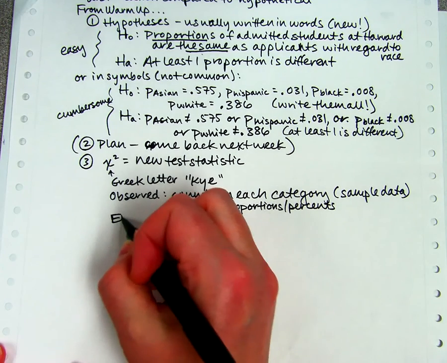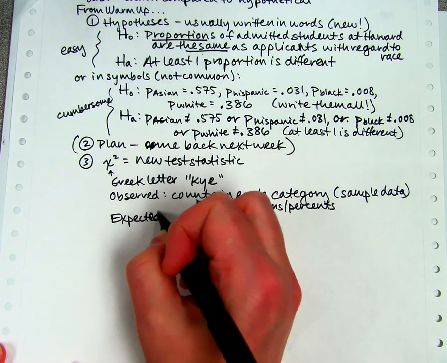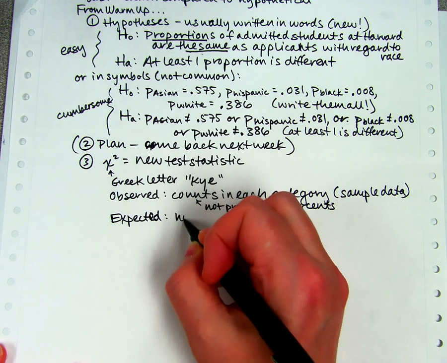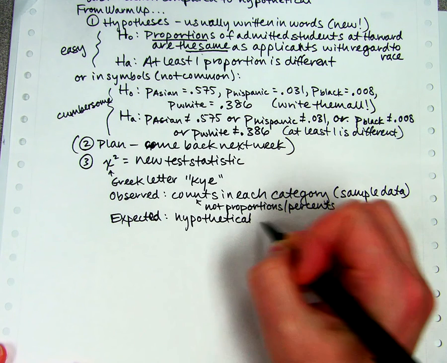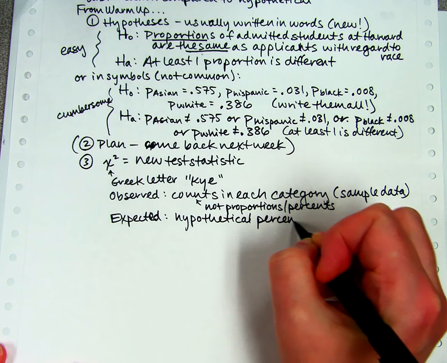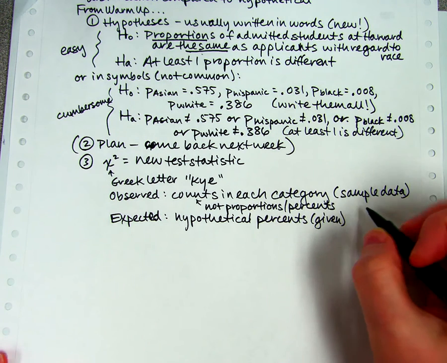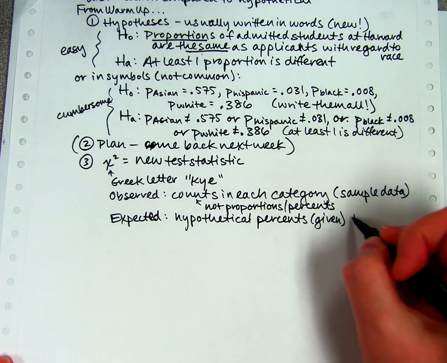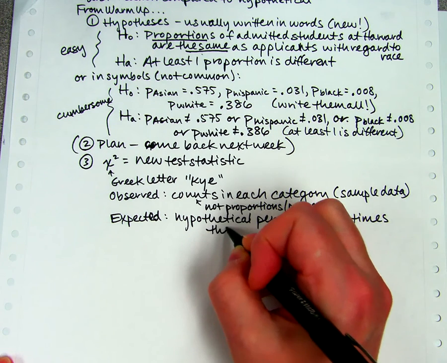Expected values you calculate based on your table of hypothetical percents. So you take your hypothetical percents, which are generally given to you, and they're the same as what's in the null hypothesis, and you multiply them by the sample size.